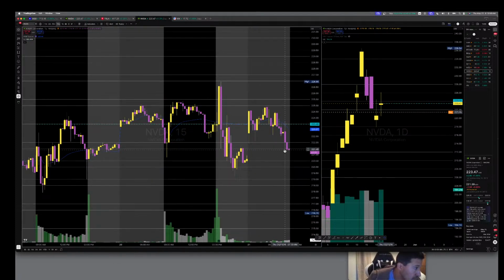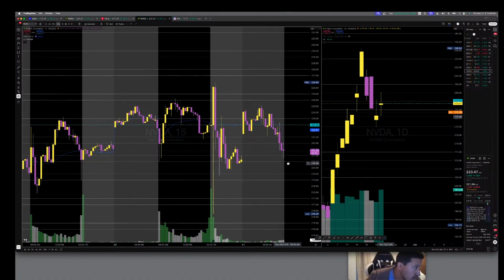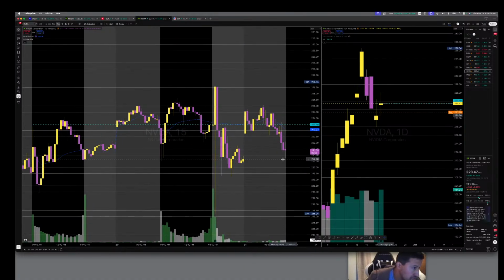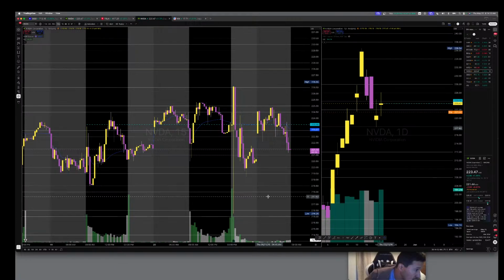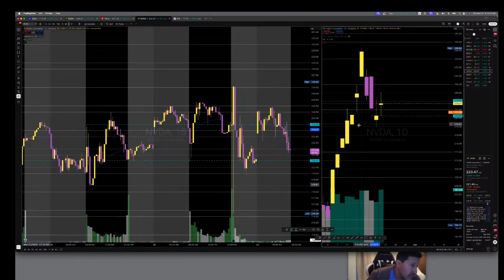You could be grabbing liquidity and just go higher, right? That's a decent place to go higher from. And you break your low, then you're kind of stopping out.